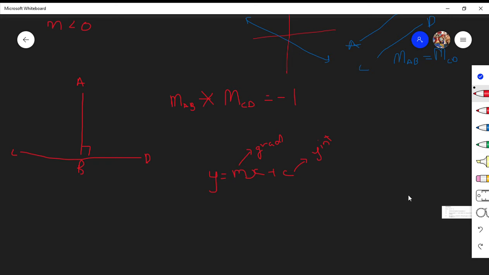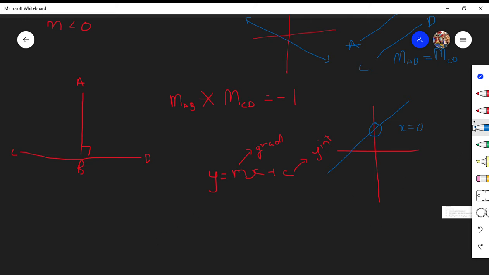And our y-intercept is the point at which the graph cuts the y-axis. So if we've got a straight line like this, our y-intercept would then be this point here, where our line is actually cutting the y-axis. And whenever a line cuts the y-axis, we know that the x value would always be 0. Okay?